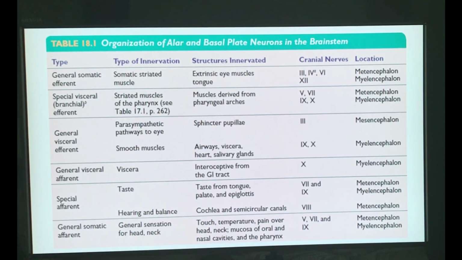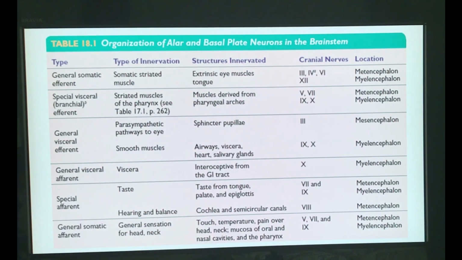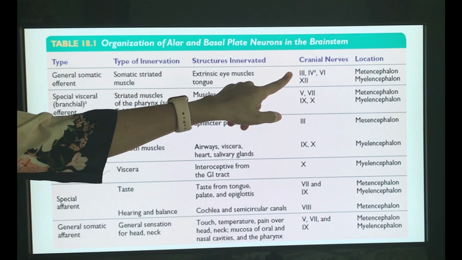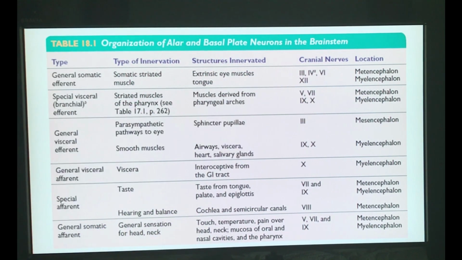The 3rd and 4th have their nuclei in the mesencephalon, the midbrain. Some say the 4th, the trochlear nerve, initially develops in the metencephalon and then migrates to the mesencephalon, so there is some difference of opinion. But you can just remember: 3rd and 4th have their nuclei in the developing midbrain, the 6th in the developing pons, and the 12th in the developing medulla oblongata. That's easier to remember.